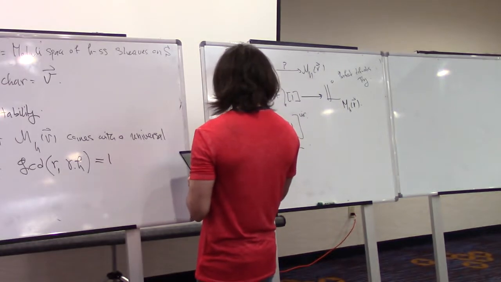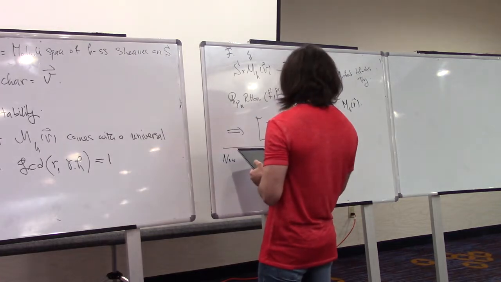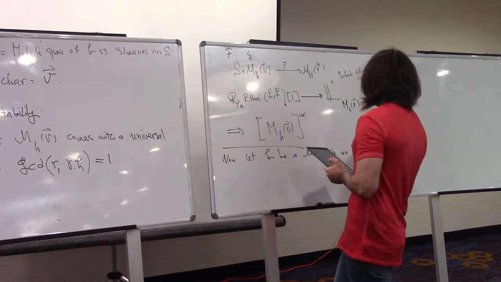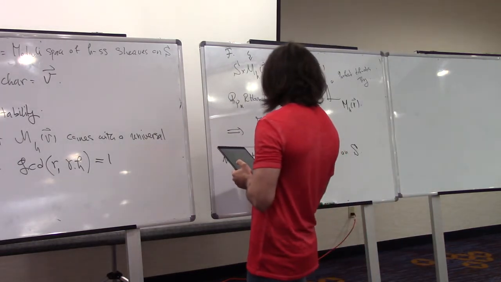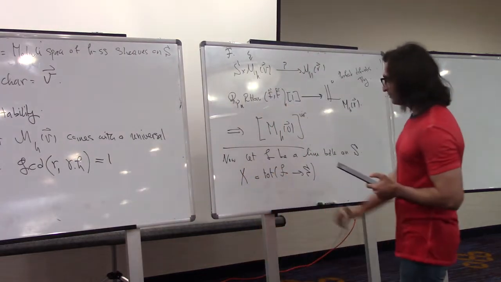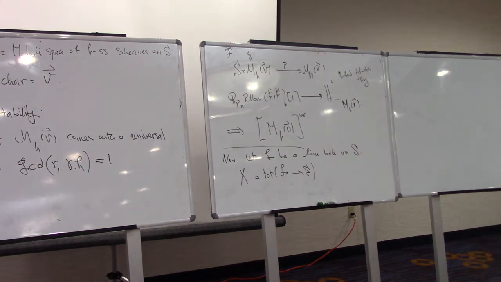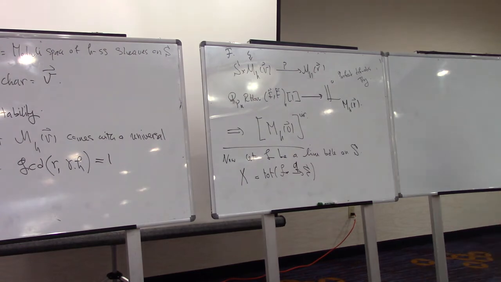Now let L be a line bundle on S, and X be the total space of this line bundle on S, the non-compact threefold that you can get this way. I'm going to call the projection map from the line bundle onto the surface q.